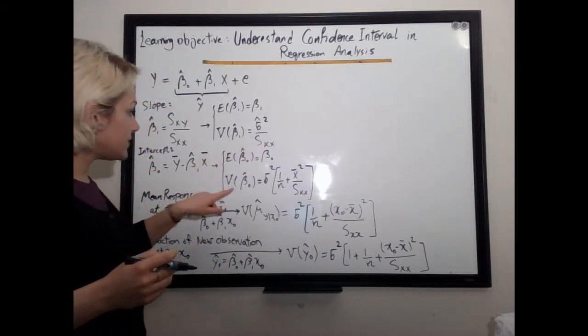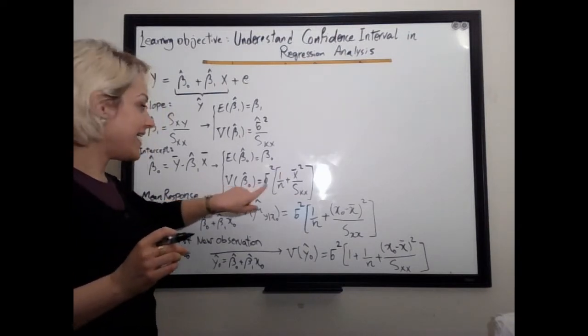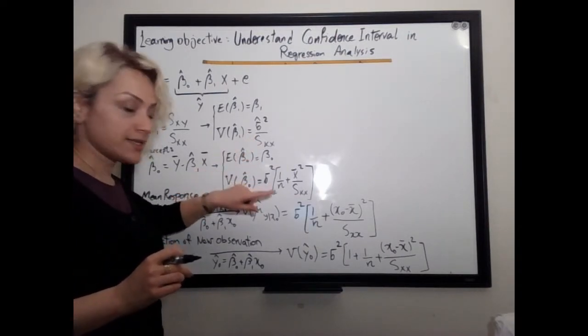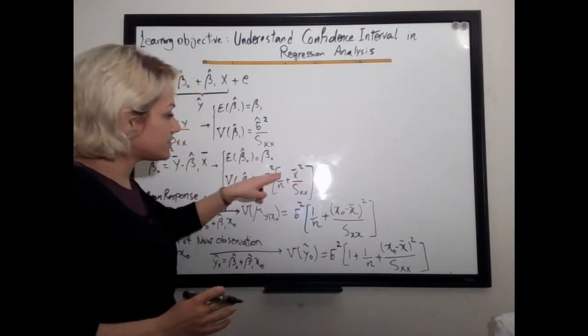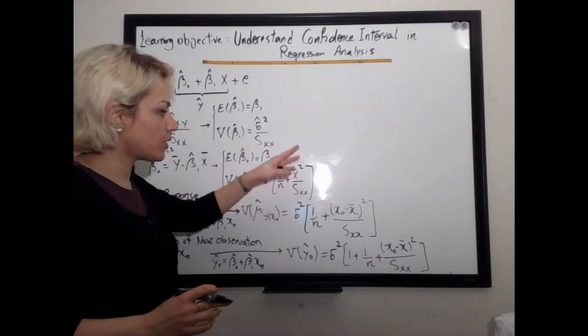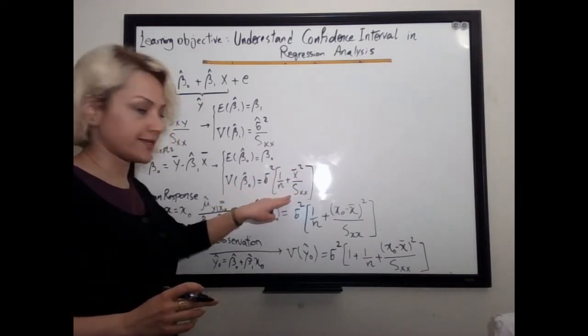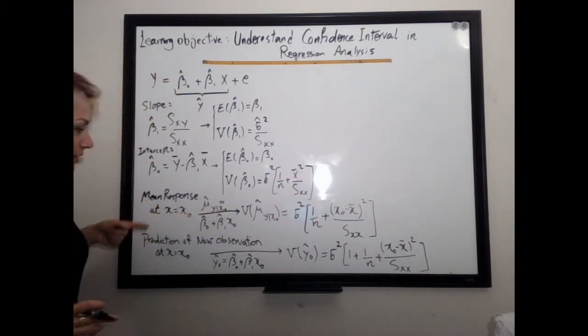The variance of beta null is very similar to this, but we have sigma squared times, and then in the parentheses we have 1 over n plus x bar squared over the sum of the squares of xx.